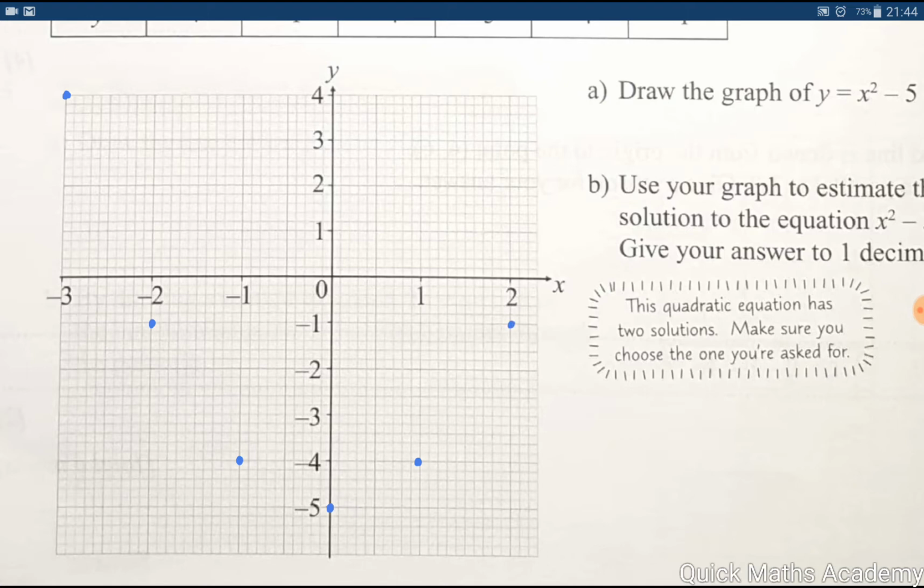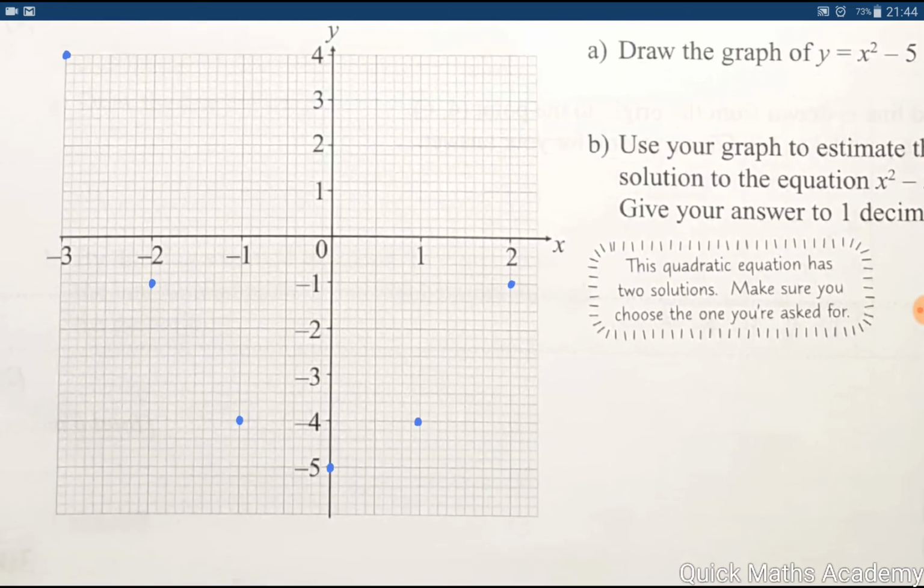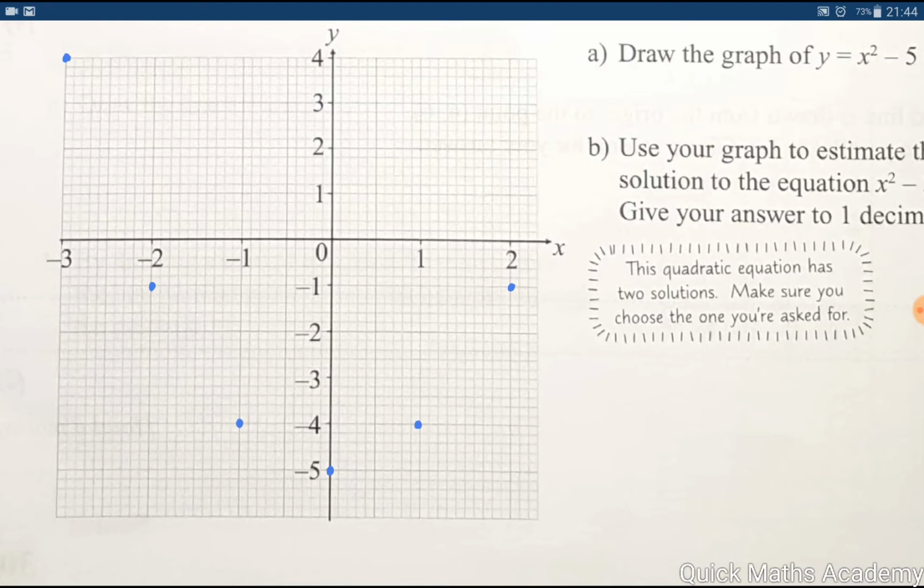Okay, now that I have plotted the points, I have to make the curve. And you gotta know that when you draw a parabola, it is always something like this. This is a parabola for the upside. This is a parabola for the downside. So you cannot draw something like this.